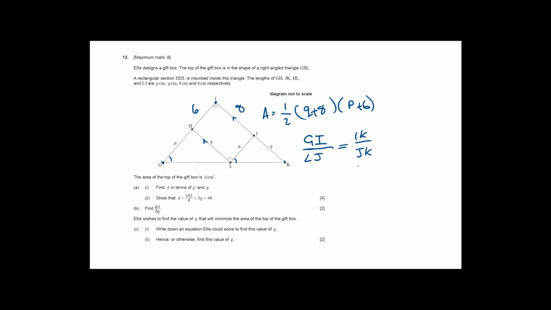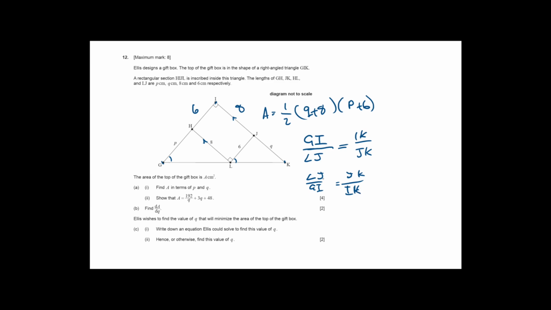And I can see this is actually going to be slightly difficult, so I'm going to swap those around. So LJ over GI must be equal to JK over IK. Yeah, it's going to be a lot easier to do.